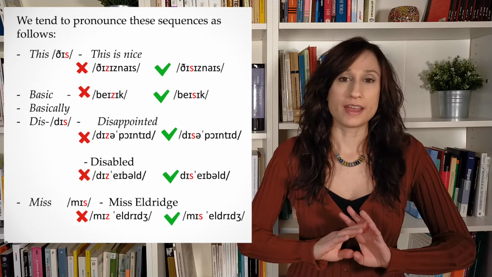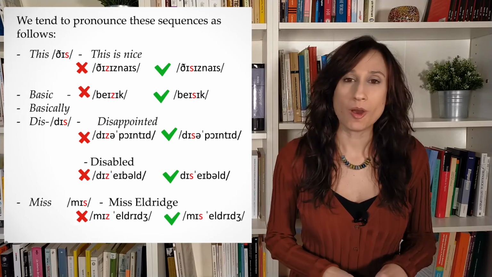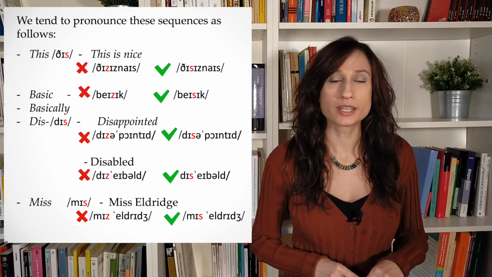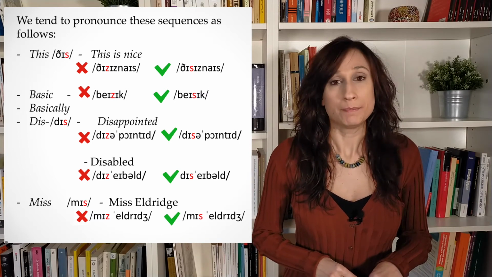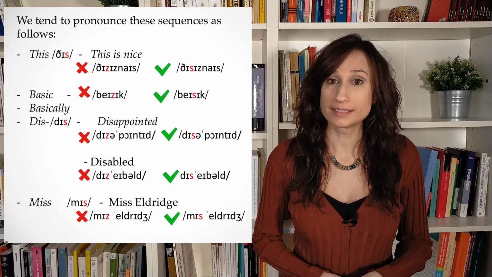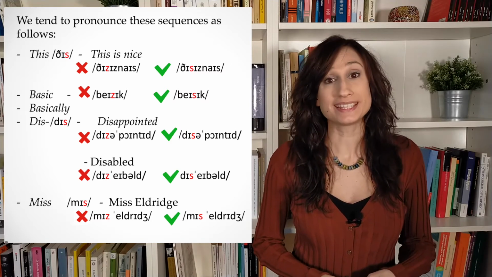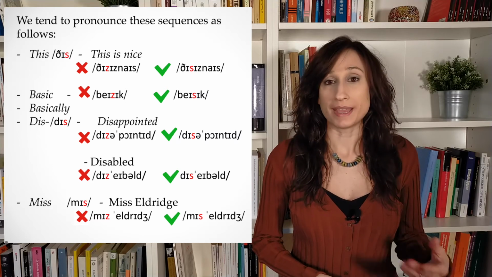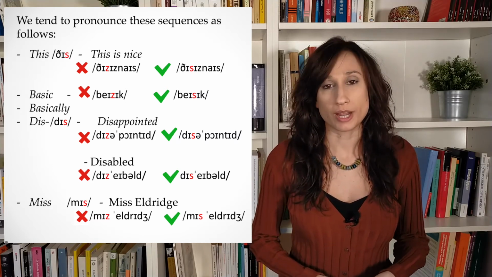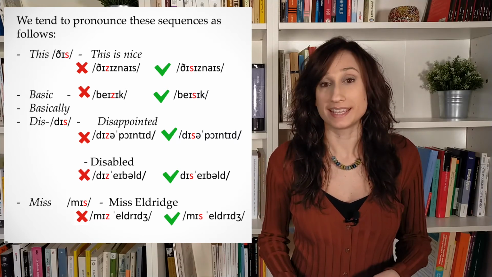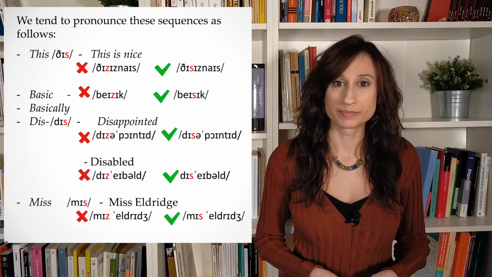The word "basic" is very frequently mispronounced. I know in Catalan it's "basic" with a Z sound, but in English it's voiceless. So "basic" and "basically" should be pronounced with an S and not a Z, that's wrong.